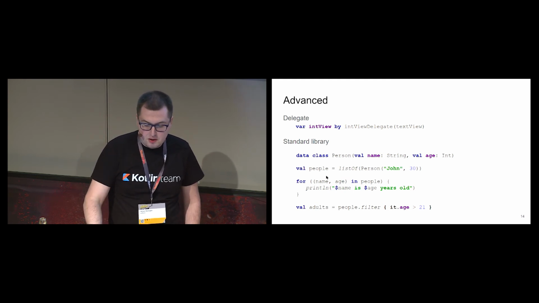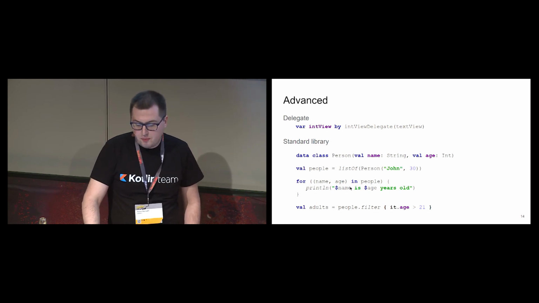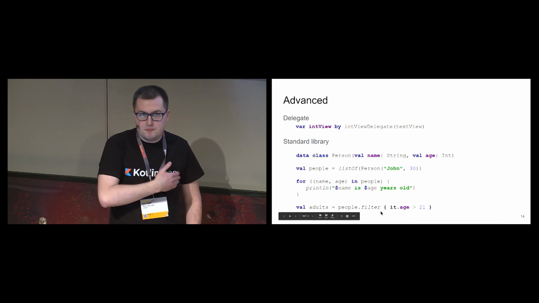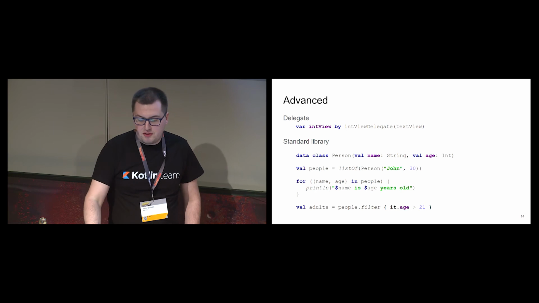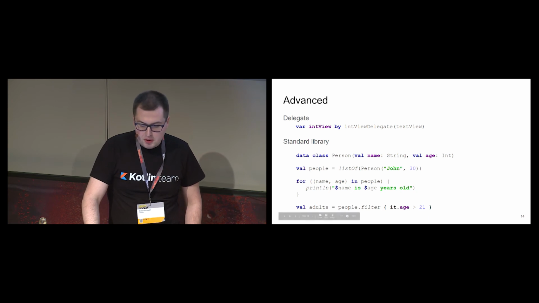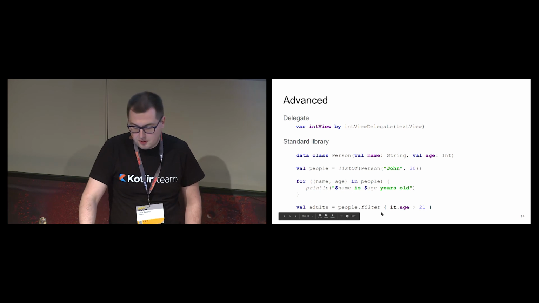You can just say that you will need that information destructured in here. And we also have a lot of helpful extensions that are useful when processing collections. It is kind of similar to Java Stream APIs, but it also works on JDK starting from 6, I think.